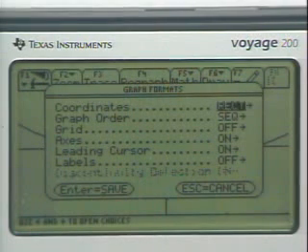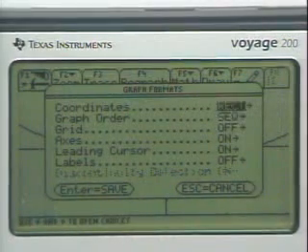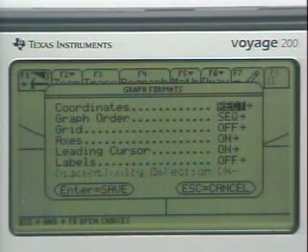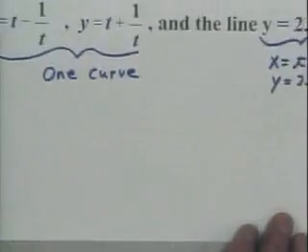Coordinates. No, that looks okay. Sequential, that's okay. Is there something turned off that I need? I don't know why intersection isn't active with parametric, because it's there, but it's been turned off. And I'm not sure how to turn it on, or whether they're just not going to let you do intersections off the calculator. I've got to explore that a little bit more. So I guess that's kind of out of the question, at least at this point, unless we figure out a way to get intersection turned on.